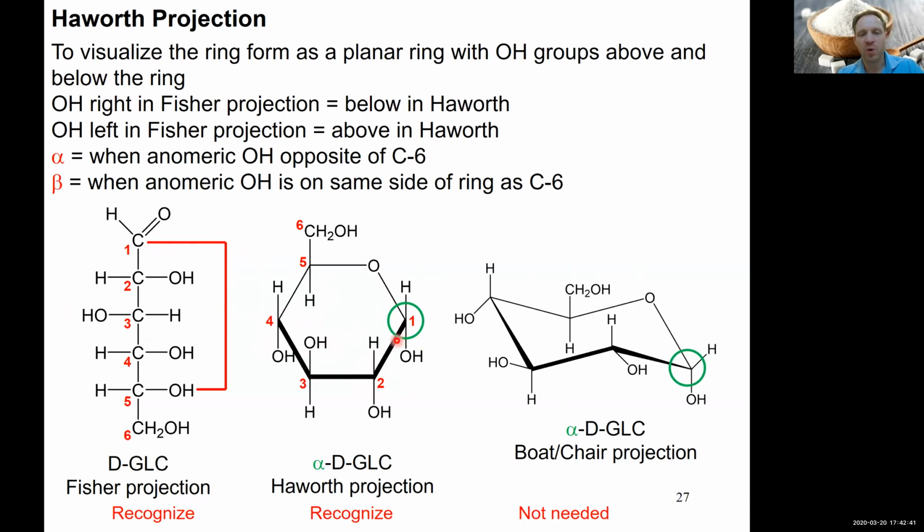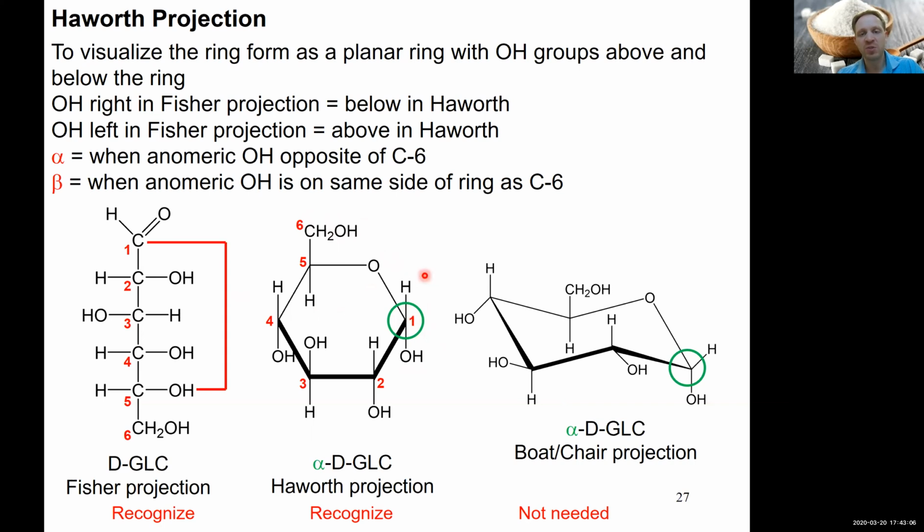And then lastly, if you want to actually recognize whether it's an alpha or a beta sugar: the anomeric carbon is the carbon where the ring closure occurs, the former aldehyde group. If the hydroxy group, based on the Fischer projection, is pointing opposite to the C6 here, it is called alpha.